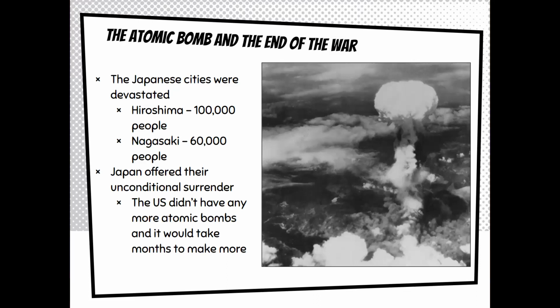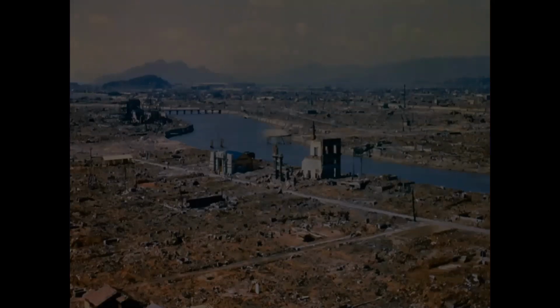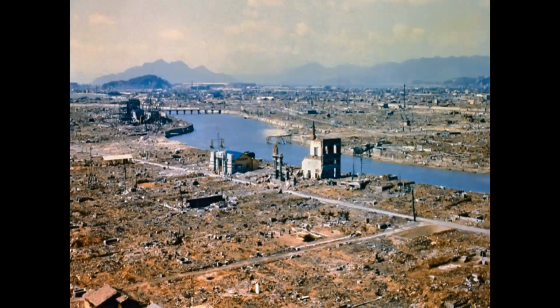Tens of thousands of people are killed. And after these two bombs, Japan unconditionally surrenders. Here you can see, I believe this is from Hiroshima, the city completely devastated.